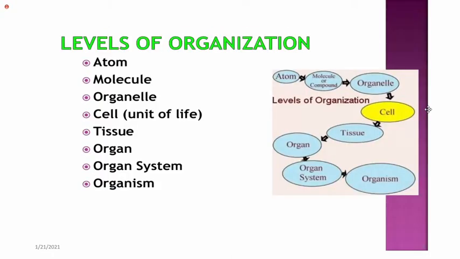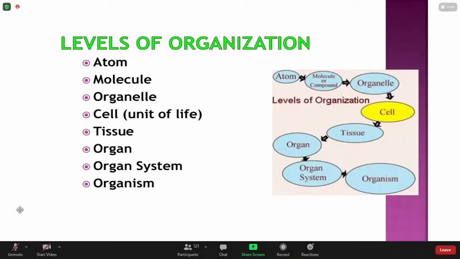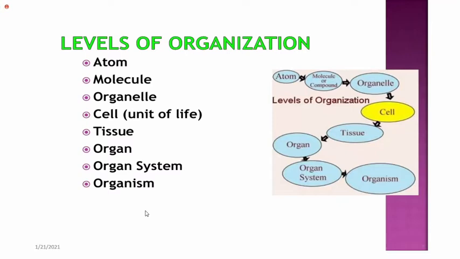Now, while we learn the organization of these elements or molecules together for the formation of a living system, we can go in the order from atom to molecule. Molecules or compounds will form organelles, organelles will form cells, and the combination of cells together will form tissues. A number of tissues together will lead to the formation of an organ.